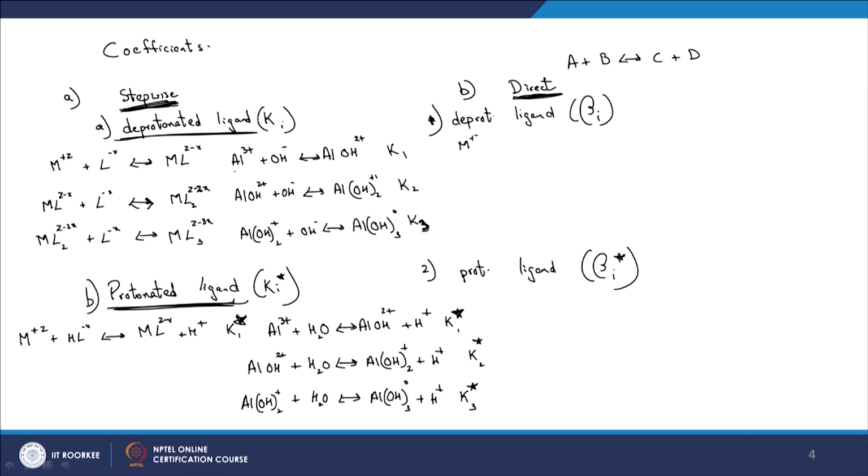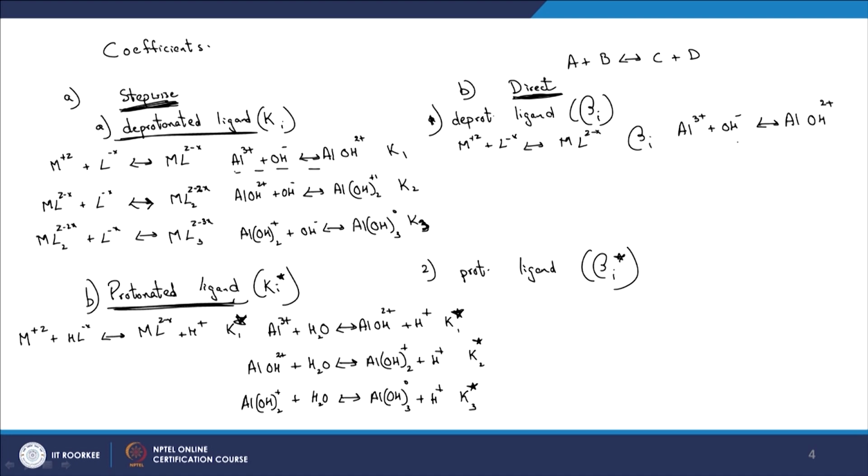M^(+Z) plus L^(-X) is going to be equal to ML^(Z-X). So the coefficient is going to be beta 1, right. Again the example is similar here, and I will write that down. Al3+ plus OH- goes to Al(OH)2+.